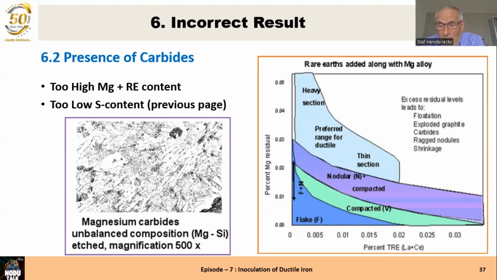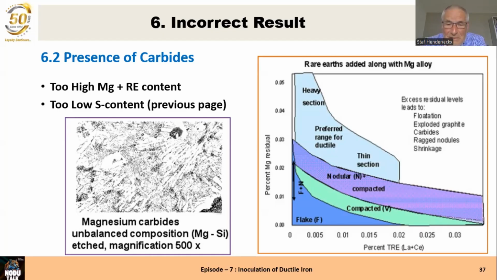So they don't happen in just a second. They happen after a certain time. So for very thin castings, you can go a little bit higher without having the problems, but with more than 0.02% rare earths, you will have problems.